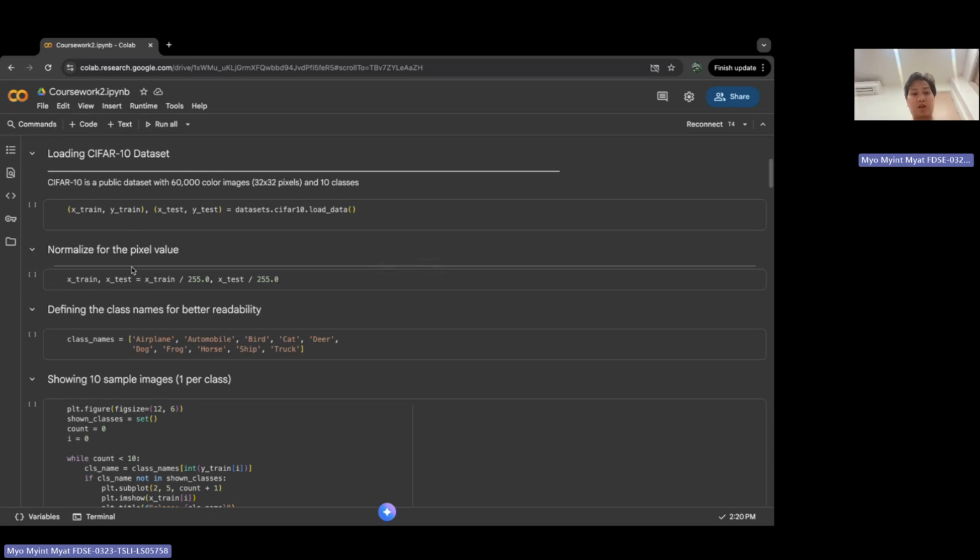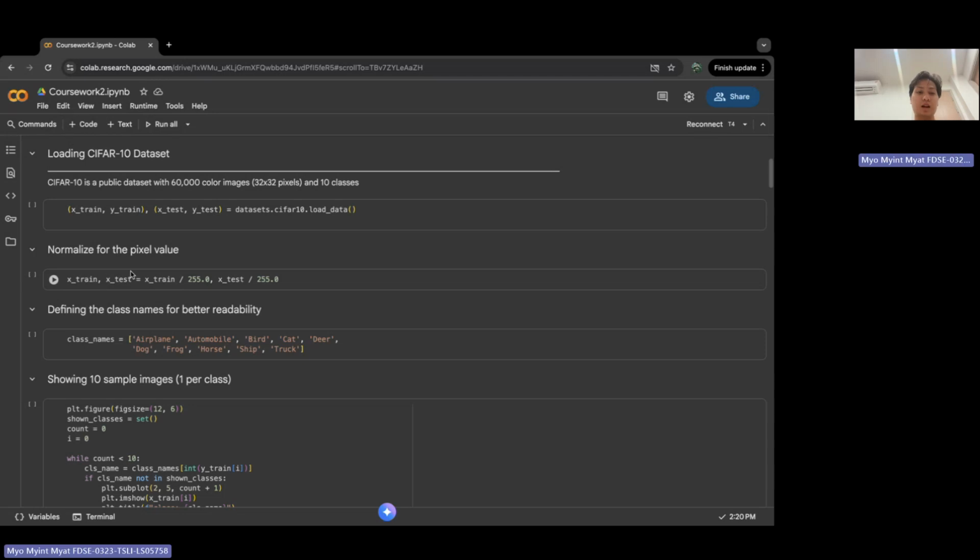After I loaded that, I also normalized the pixel values by dividing by 255, converting them into the range of 0 to 1, which is important because it helps the optimizer converge faster and prevents unstable gradients during training. Normalization is also a standard preprocessing step in nearly all modern neural network training pipelines.